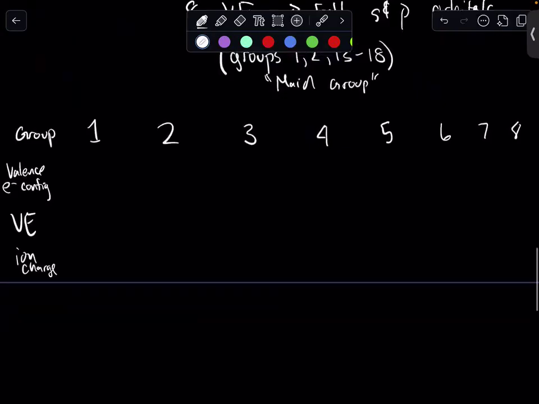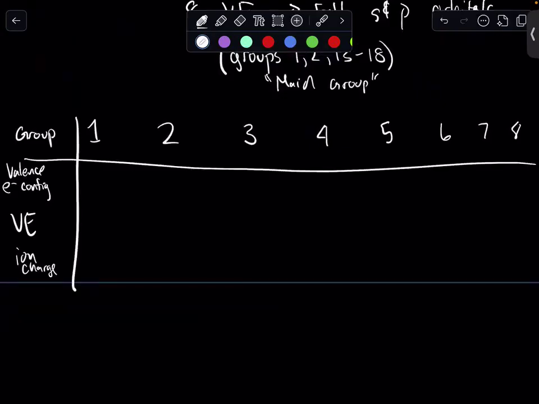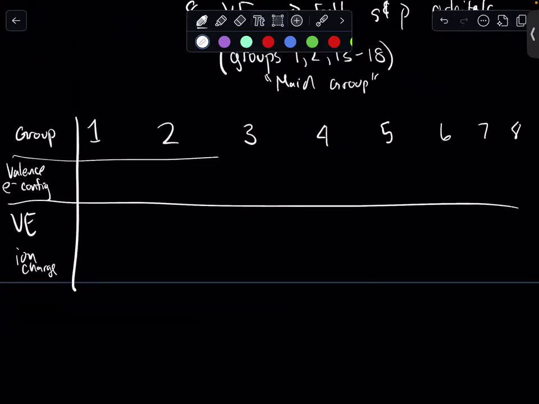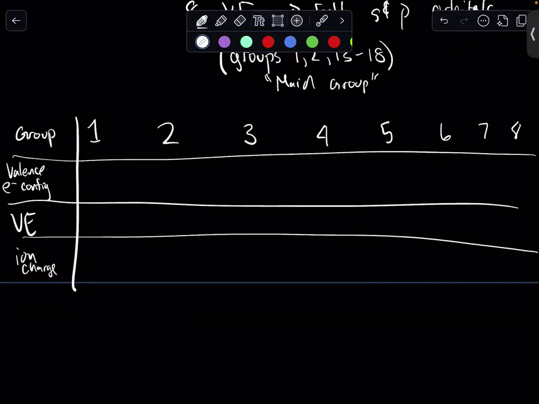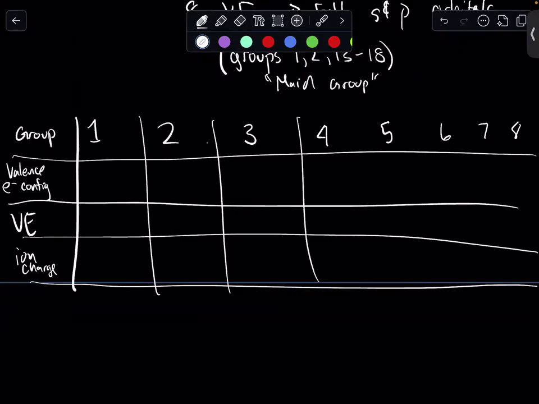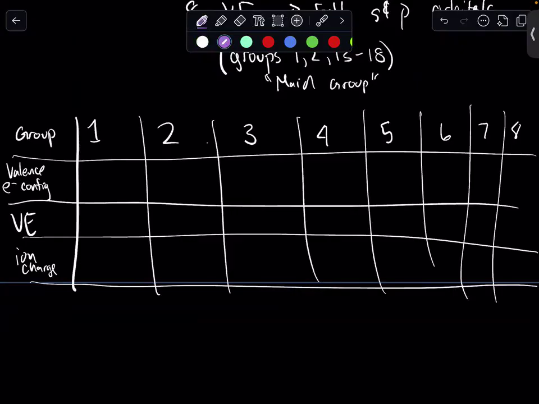So when we make our little chart, we can fill this in.